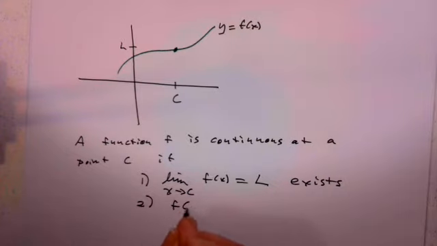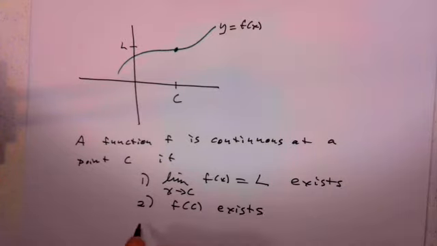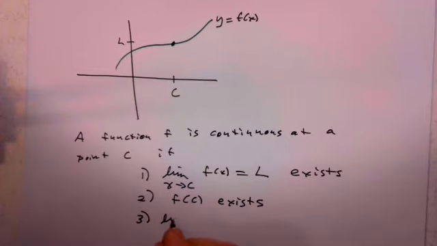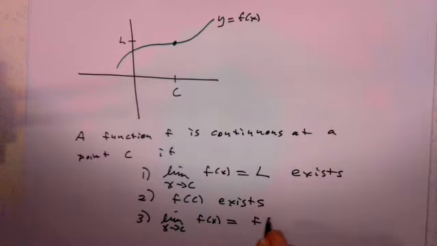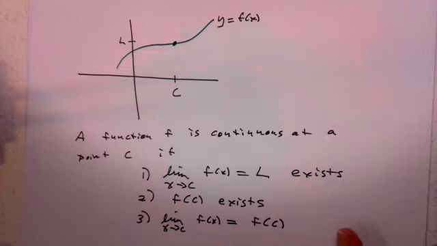Number two, f of C has to exist. And three, the limit and the function have to be the same. If those three criteria are satisfied, then the function is continuous at C. So we can go ahead and look at these three conditions and, by relaxing them, determine situations where they're not continuous.